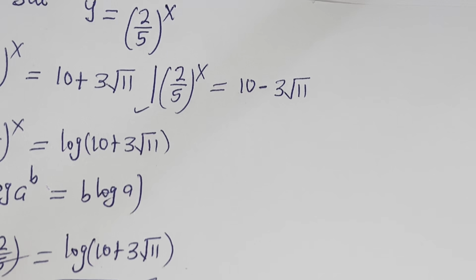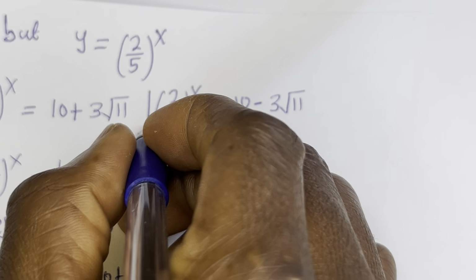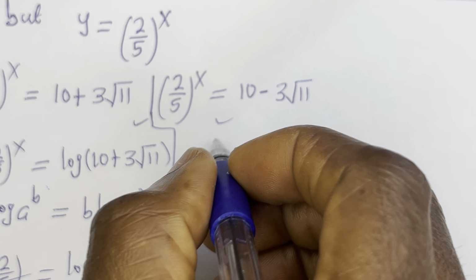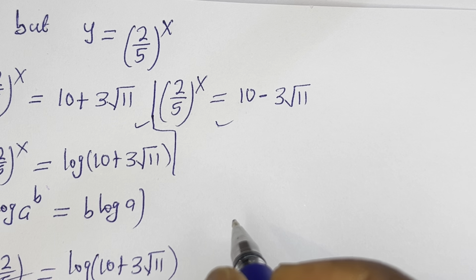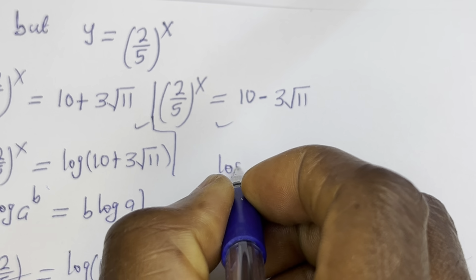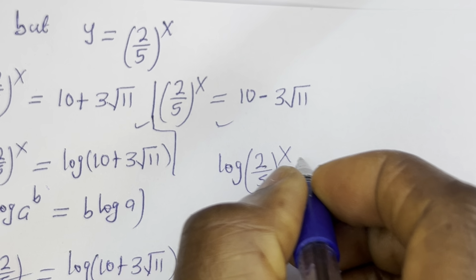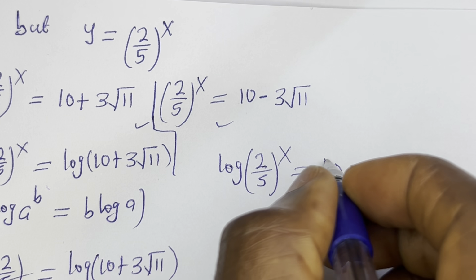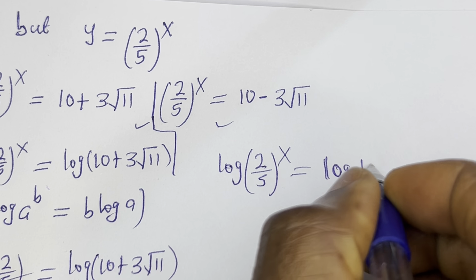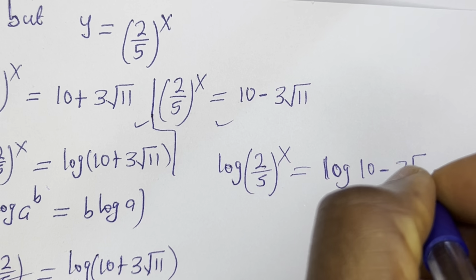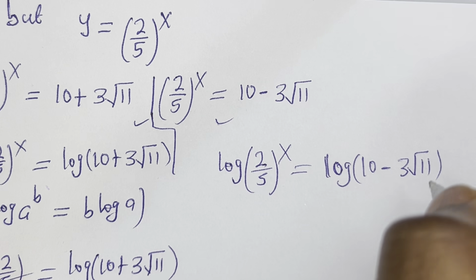Also, from here, let's take the log of both sides again. We have log of (2 divided by 5) to the power of x is equal to log of 10 minus 3 square root of 11.